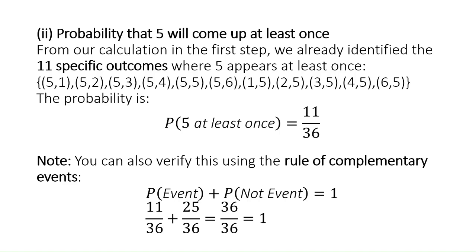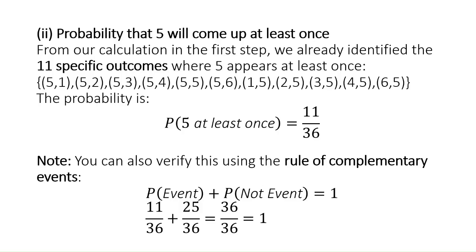We have counted 55 only once, to exclude double counting. So the total favorable outcomes will be 11 for getting 5 at least once. Then the probability of getting 5 at least once will be 11 by 36, because we know the basic probability formula, number of favorable outcomes divided by total number of possible outcomes.